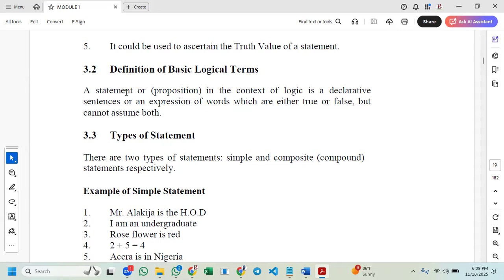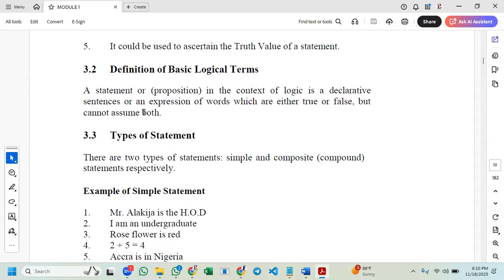So if they ask that a dash or proposition in the context of logic is a declarative sentence, or an expression of words which are either true or false, but cannot assume both, you know that what you fill here is statement. Or what if they say a statement or dash in bracket, is proposition.